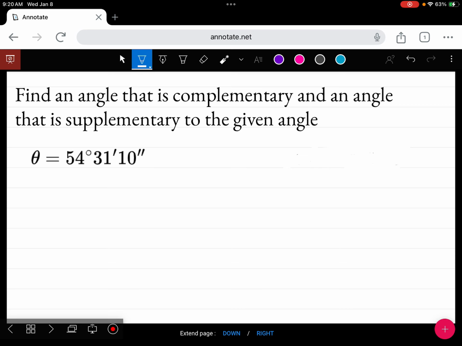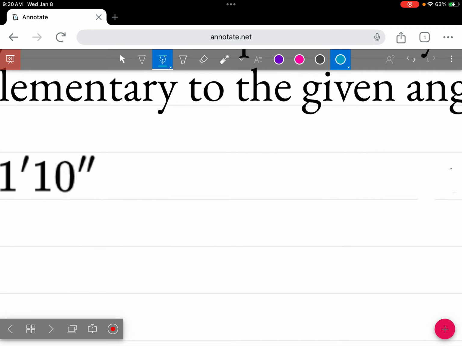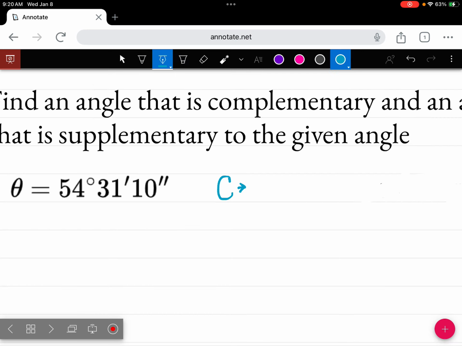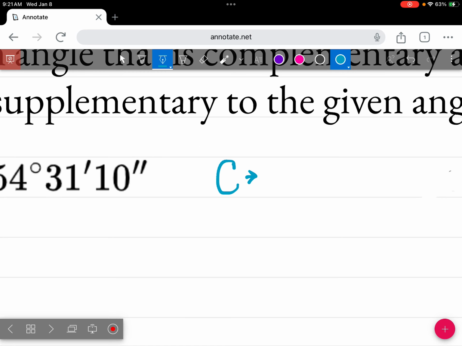So this time we've got degrees, minutes, and seconds. So when we're finding our complementary angle and our supplementary angle, we're gonna have to include all 3 pieces. So to find our complementary angle, you can either do it as the addition and then subtract on both sides.